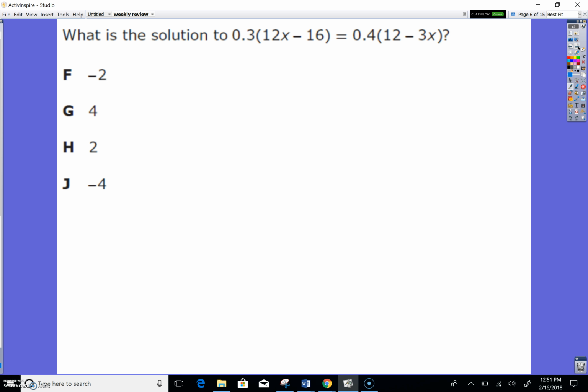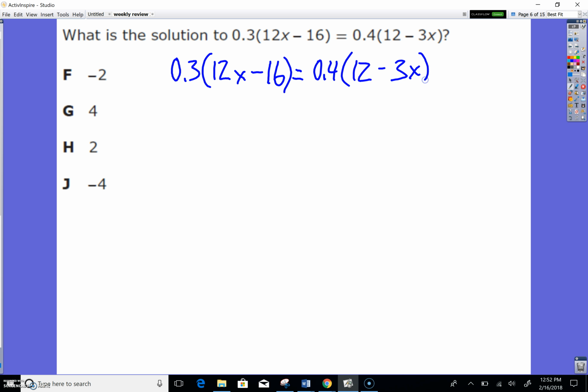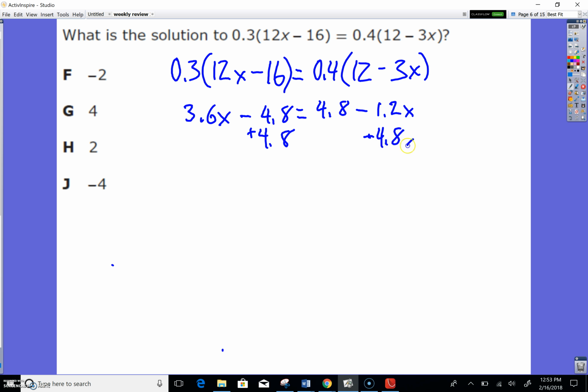What is the solution to 0.3(12x - 16) = 12 - 3x? The way that you can do this is by solving it. I'm going to solve it real quick right here.